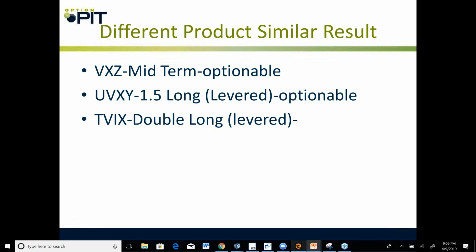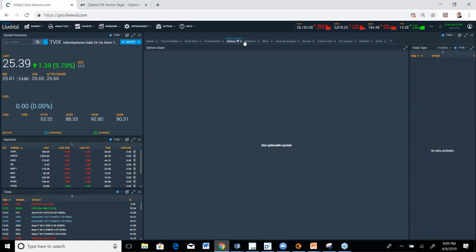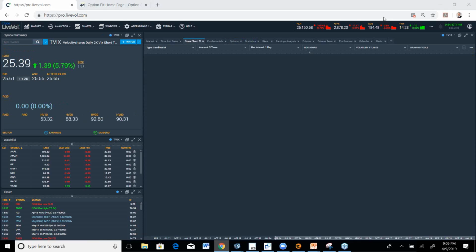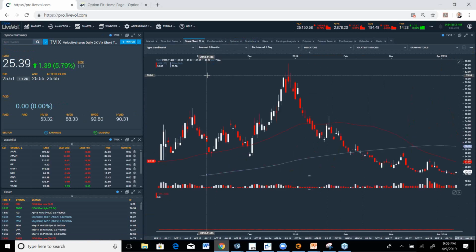Those guys can move. Take a look at a chart of TVIX here. I'll pull this up real fast. Let me pull up the last 6 months.